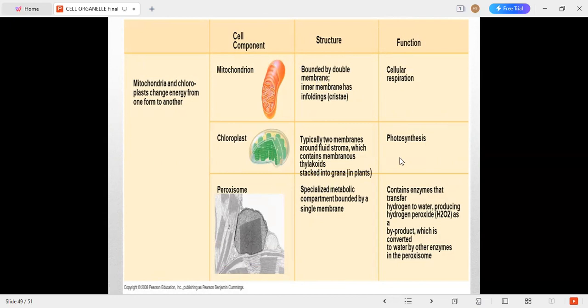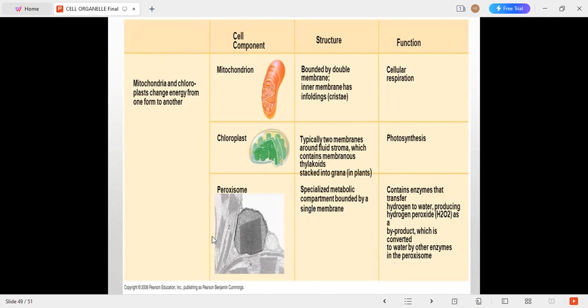Chloroplasts, which are present in plant cells, typically contain two membranes around a fluid stroma. These stacks contain membranous thylakoids stacked into grana. They are responsible for photosynthesis in plant cells.